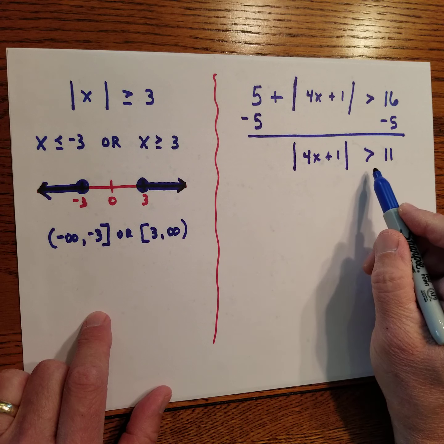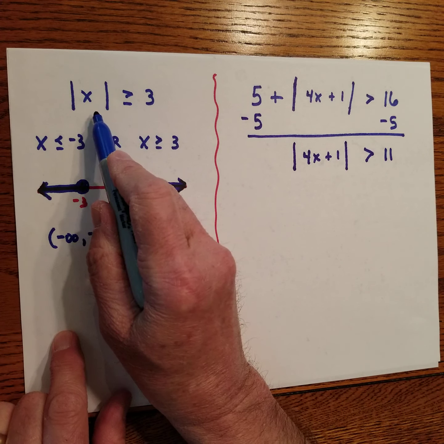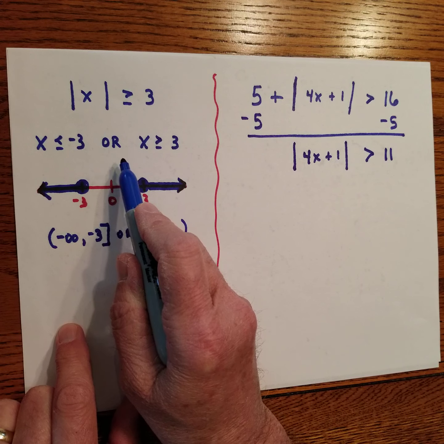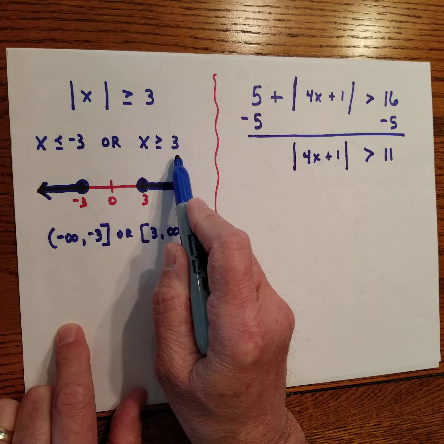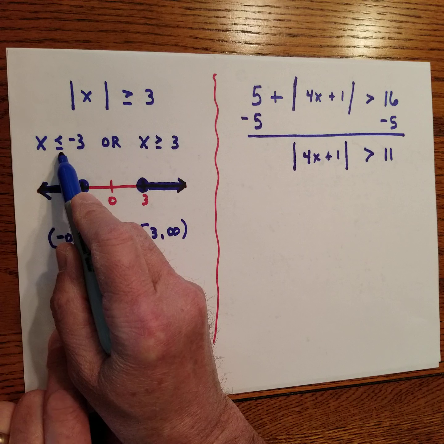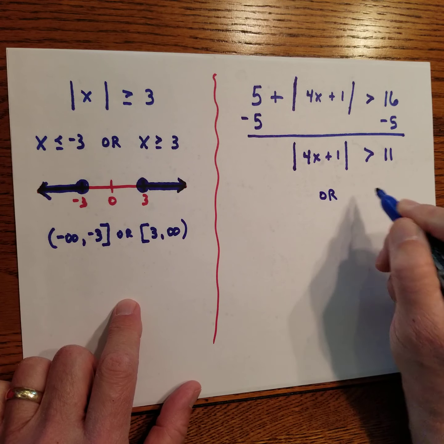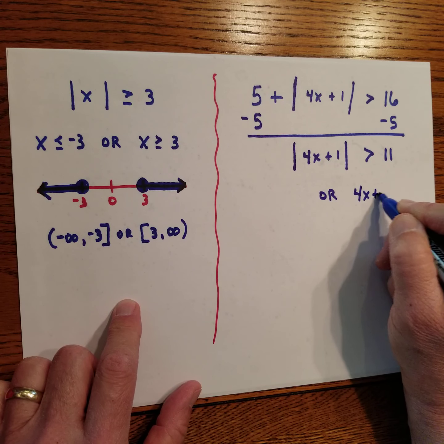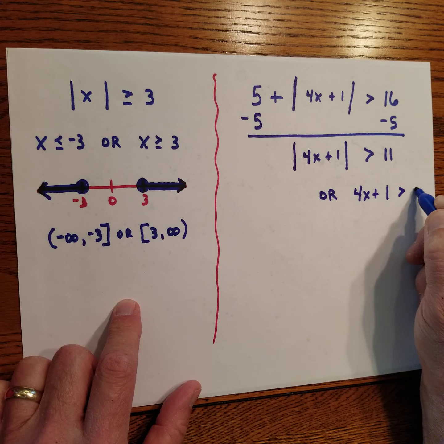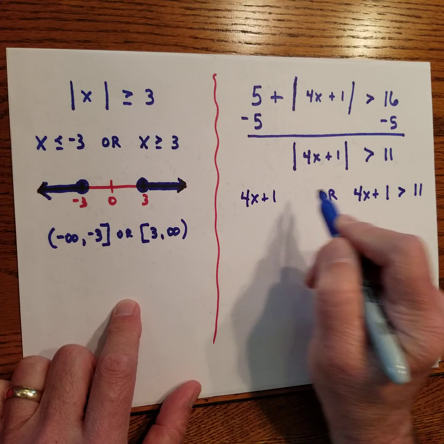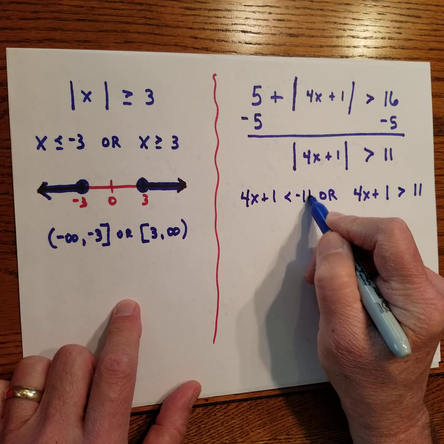Now, absolute value greater than, I know, becomes an or problem, where I'm either to the right of the positive number or to the left of the negative number. I want 4x plus 1 to be to the right of 11, or I want 4x plus 1 to be to the left of negative 11.